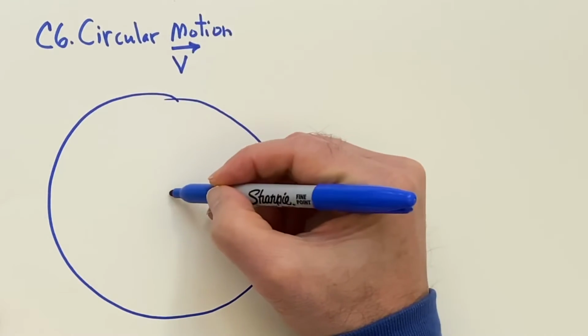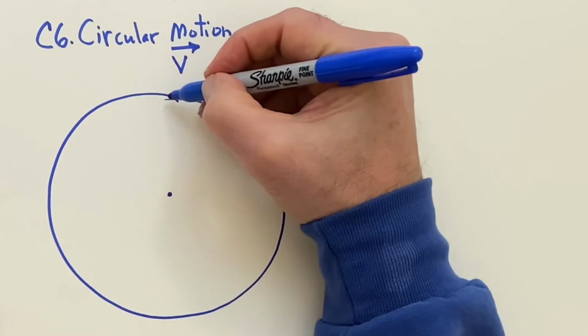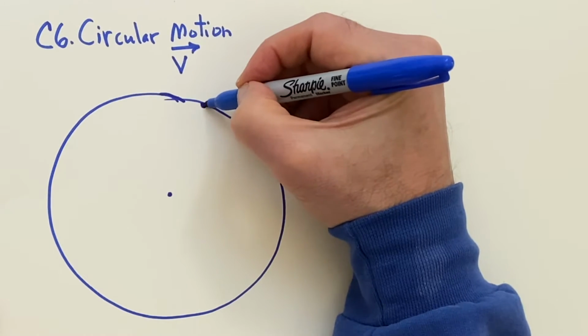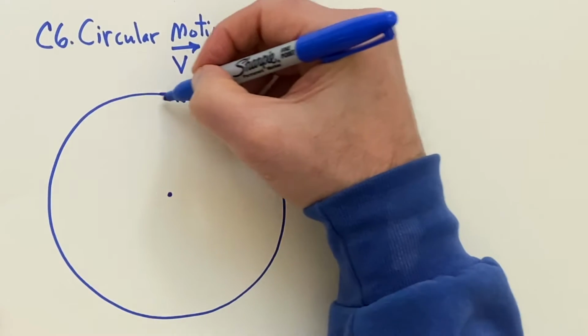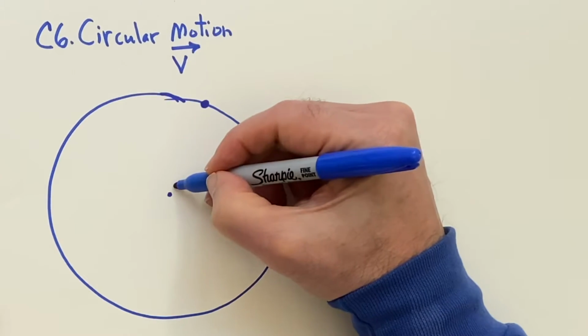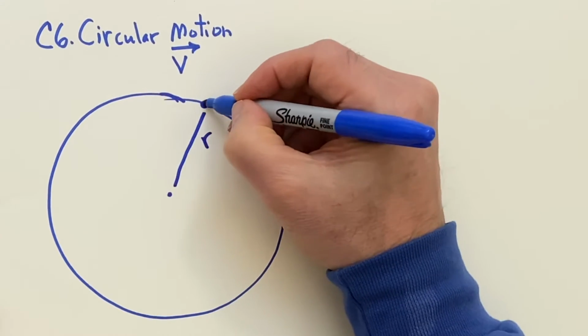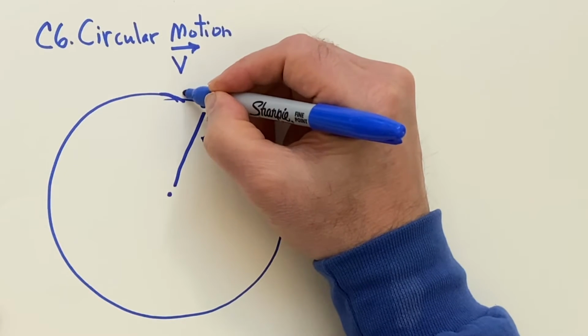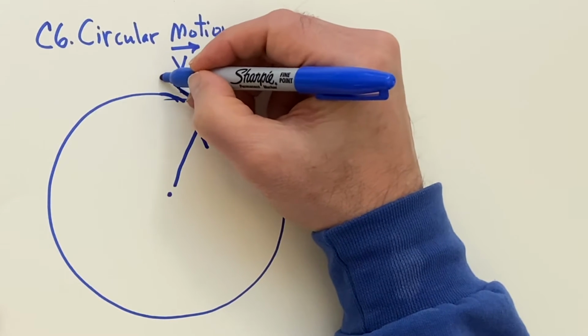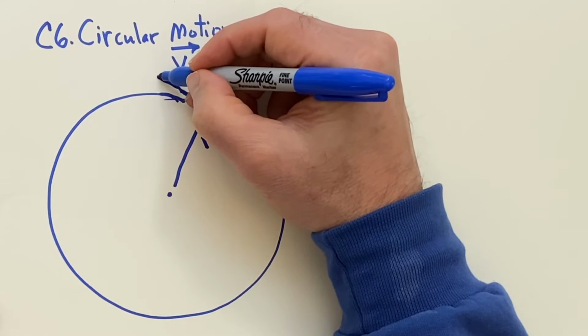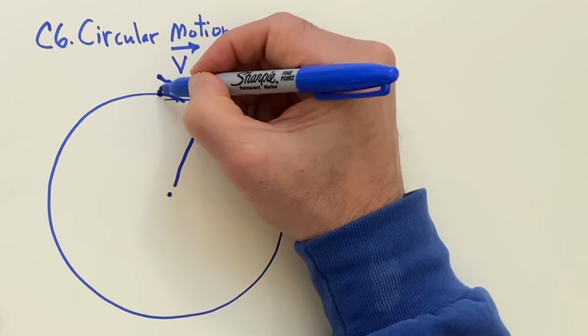Looking at a case here where we're going around a circle, and say we're at this point, a little particle or a mass going around a circle of radius r. You see, if it were going straight, it would wind up here, but it doesn't. It winds up there.